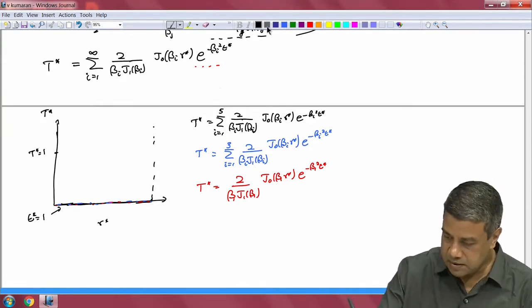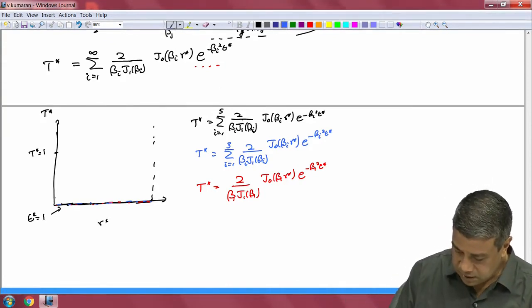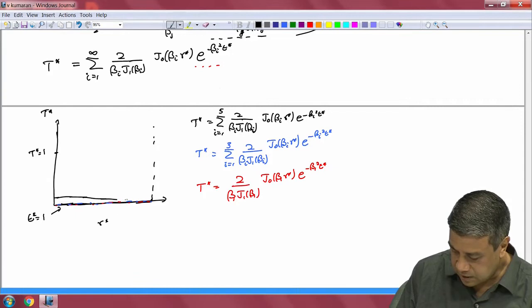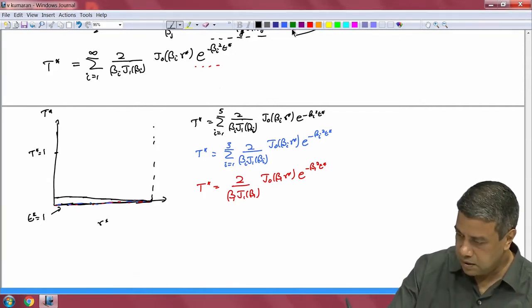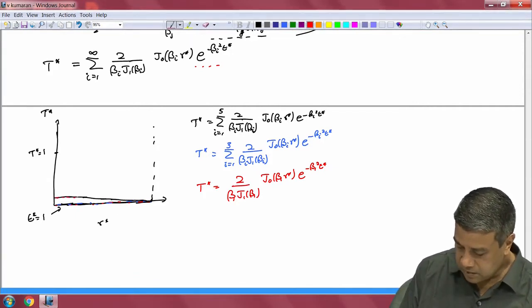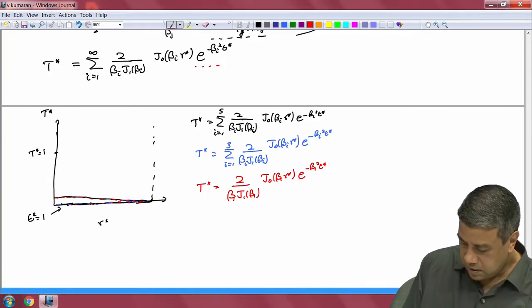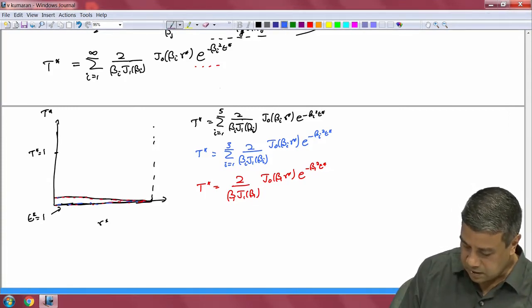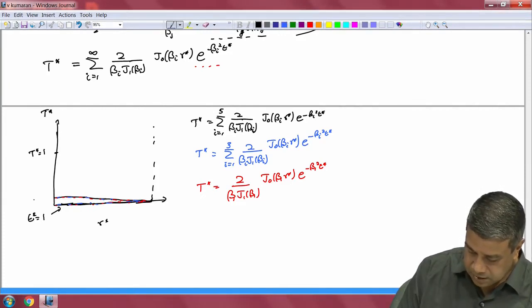When the scaled time is equal to 0.3, I get a small value for the temperature throughout the domain. It goes something like this. And once again, both approximations get the temperature correct at T star equal to 0.3.